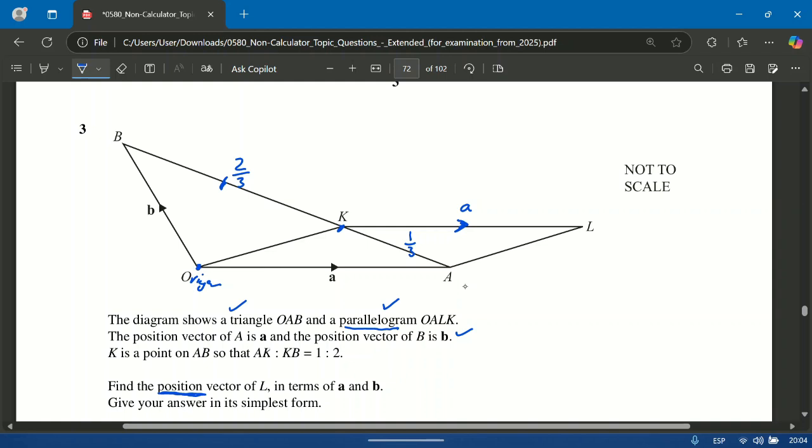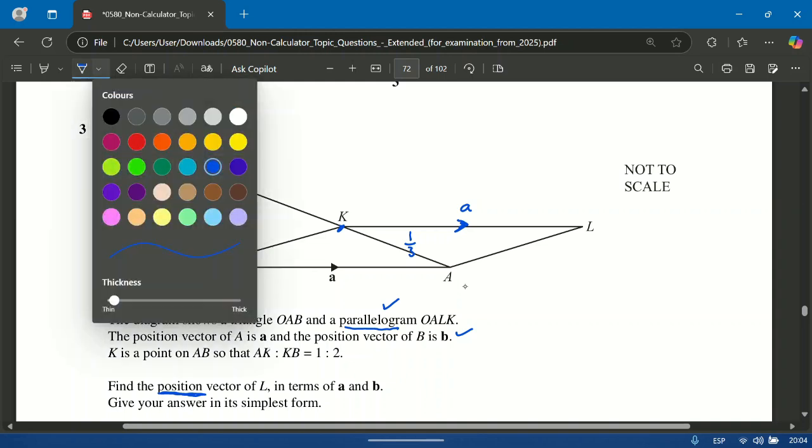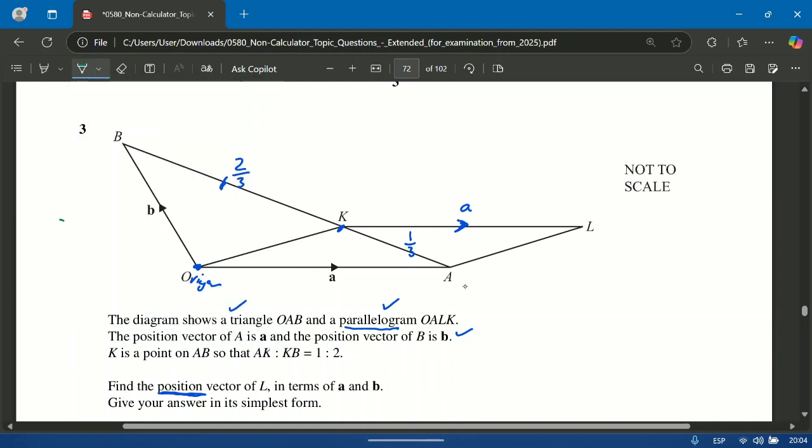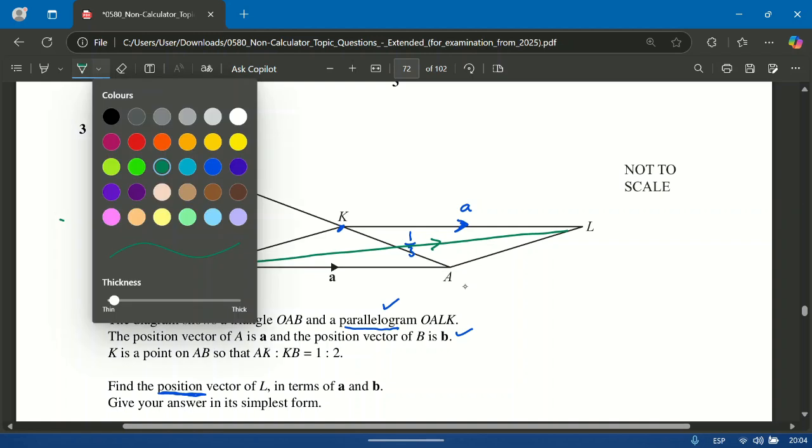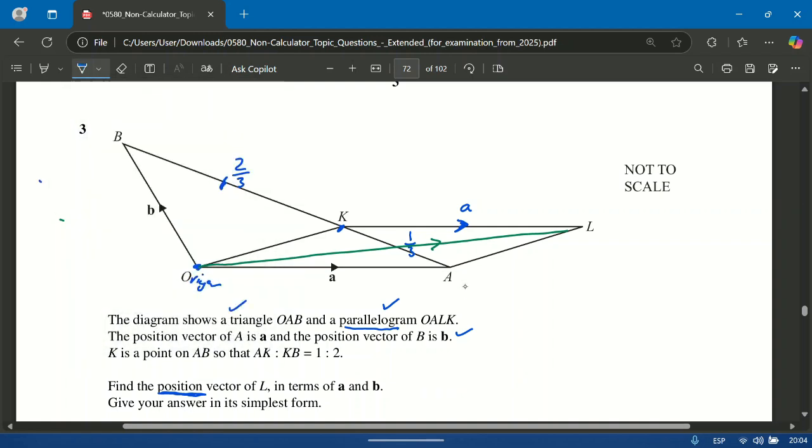And the position vector means we want to know the vector that originates from there and goes to L. So it asks us to calculate this from O to L, in terms of A and B. That's the one they want us to find. Of course we can't know that directly. We need to follow a different path.